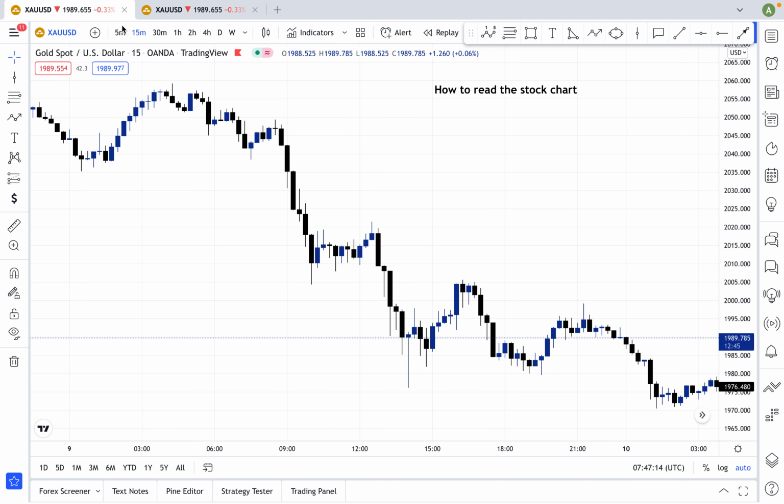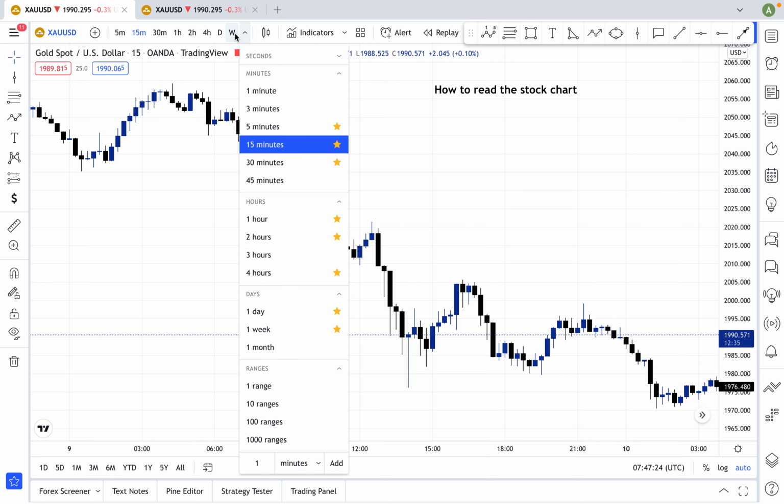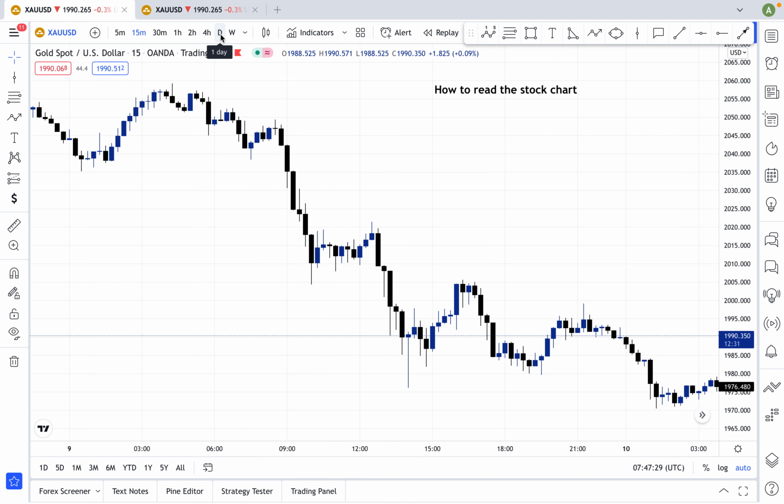The time, these are the time frames. You are going to need this to read your market, starting from monthly time frame to weekly time frame, daily time frame, 4 hours, 2 hours, 1 hour, 30 minutes, 15 minutes, 5 minutes.